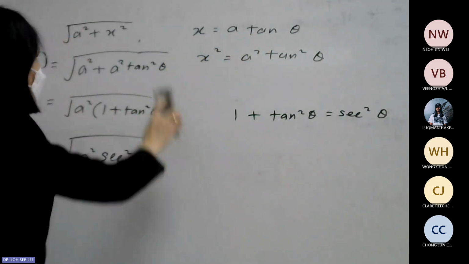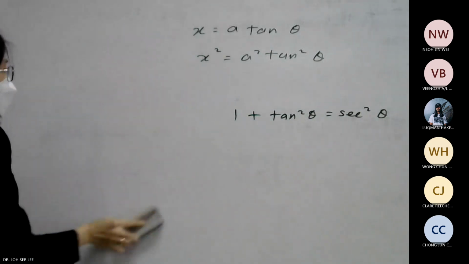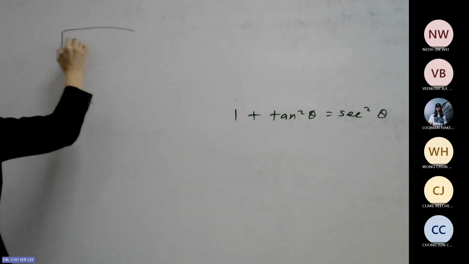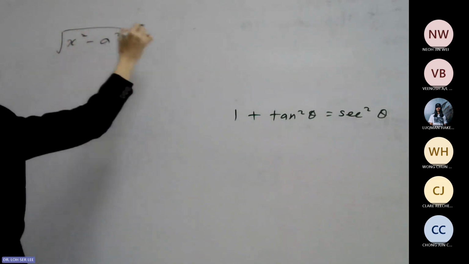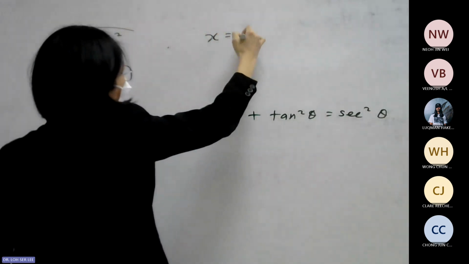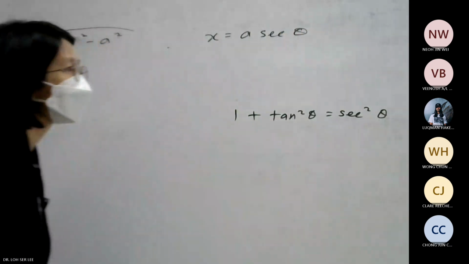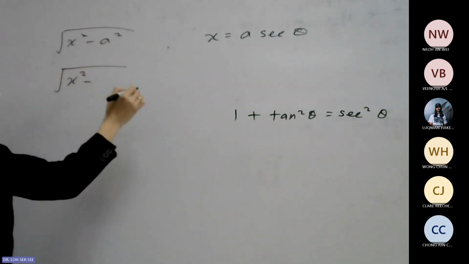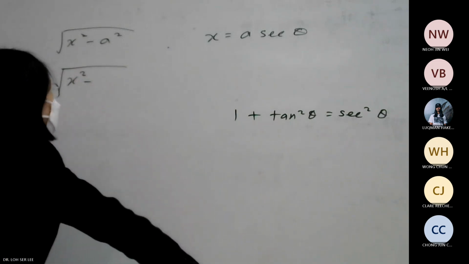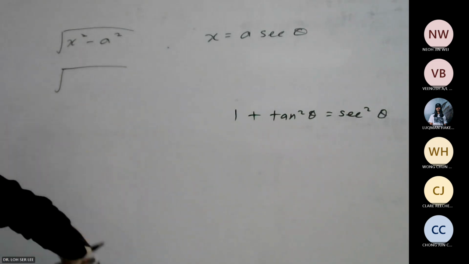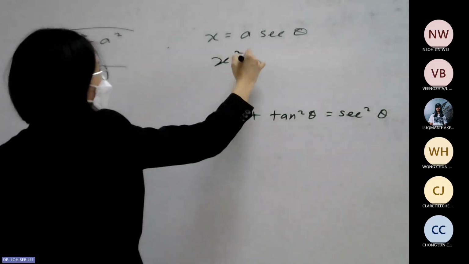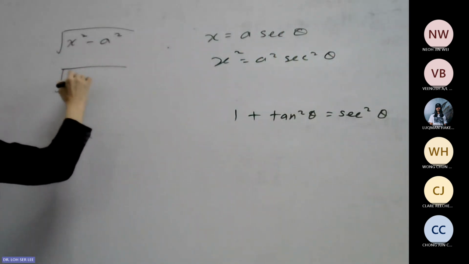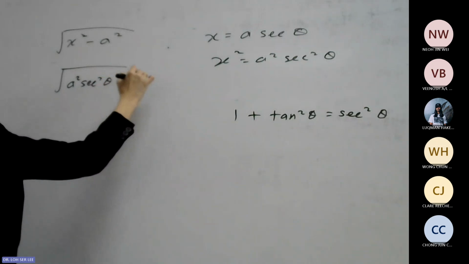And for the last case, you have x squared minus a squared. For this case, we will use x equals a secant theta, because your x squared is a squared secant squared theta. So we have a squared secant squared theta minus a squared.